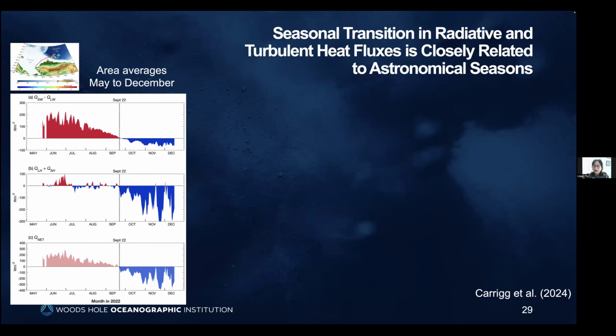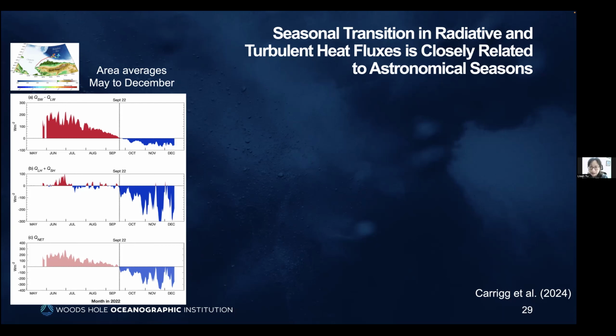The ship track is only along a line, and we want to know how representative the ship track measurements are of the region, at least in the Beaufort and Chukchi Sea region. For that purpose, we use our fluxes together with other data to make up the net flux.